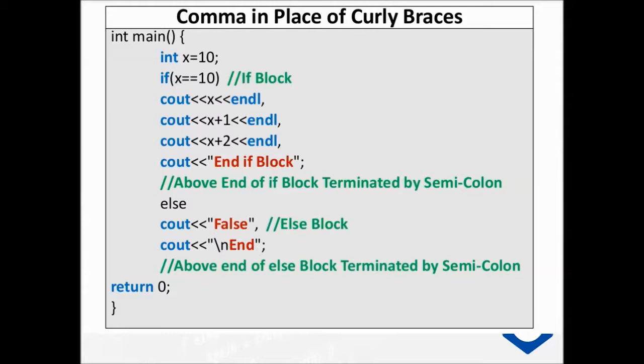Now instead of curly braces we place a comma at the end of each line, and when our else block is going to end, we place a semicolon at the end of the last line. So the end of the else block is terminated by a semicolon. Then return 0 for the main program.